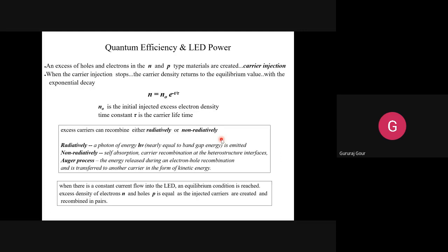You represent this externally supplied by J by QD, and the thermally generated carriers by N by tau, where tau is the carrier lifetime we have just seen. Hence the rate equation for the carrier recombination. If you add these two, we get the total carriers generated, J by QD plus N by tau.